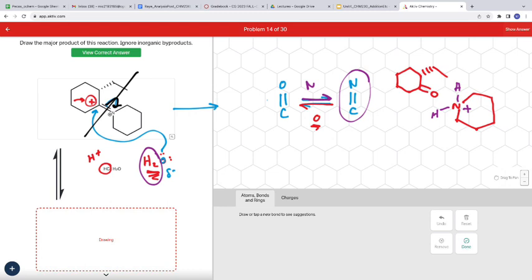Do you want a mechanism? Should I know the mechanism, or should I just know it does that? Really, remember, at this point, you're responsible for just the answer. You're not going to be asked to draw a mechanism. So if you can look at this and be like, I understand this pattern right here, you're fine. You don't need a mechanism.